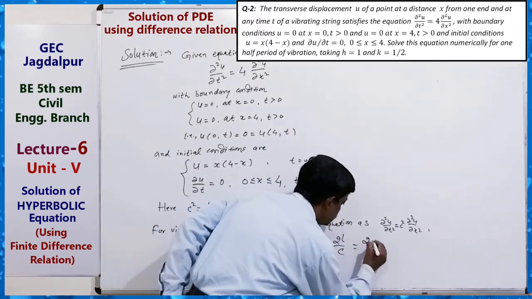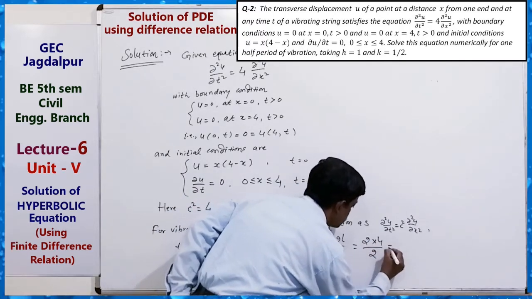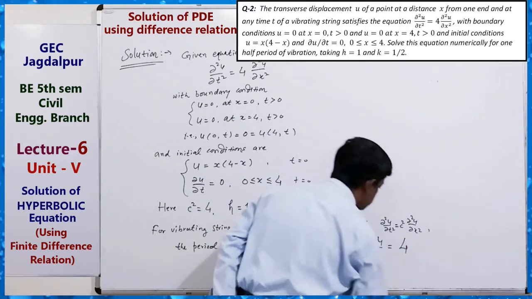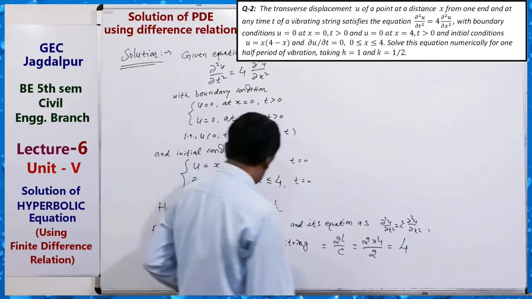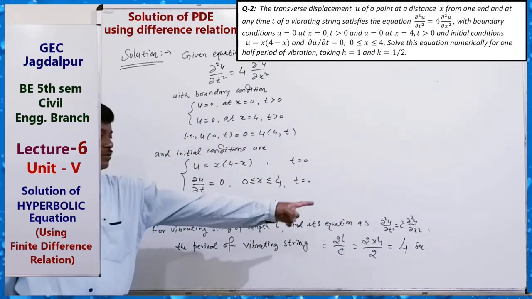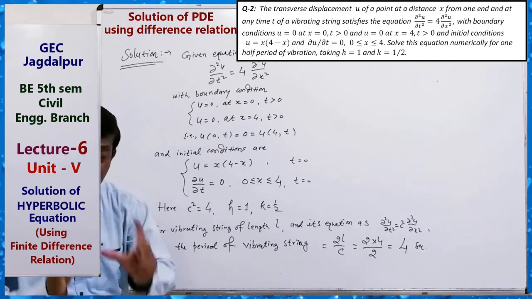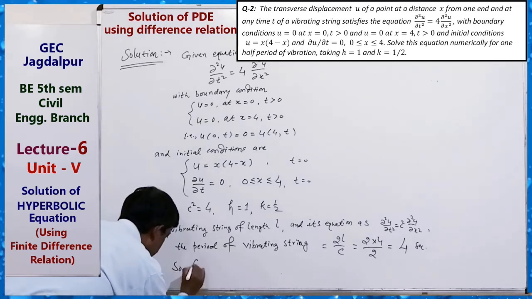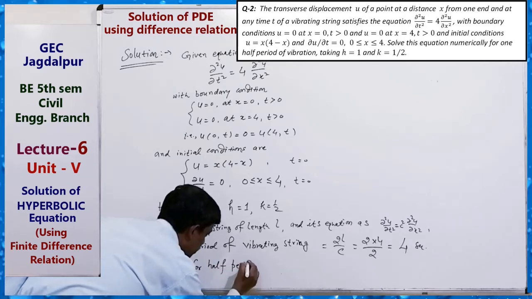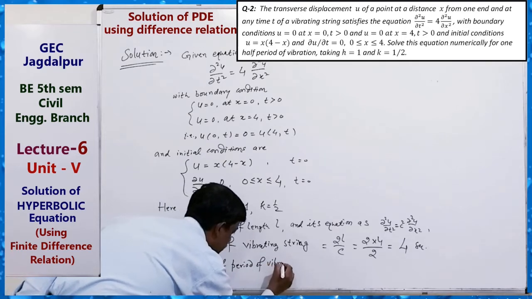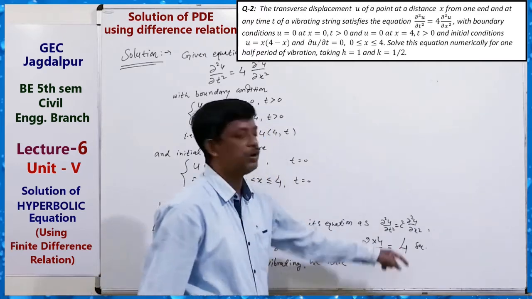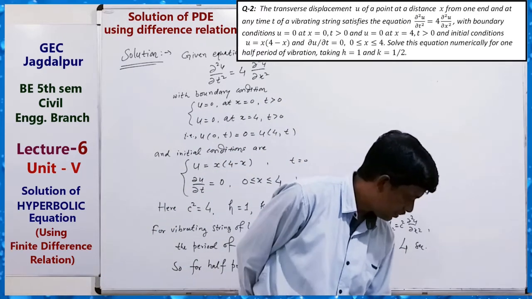So 2 into 4 by 2 equals 4 seconds. So the period of the vibrating string is 4 seconds, and for half period, half means 4 by 2, which is 2.